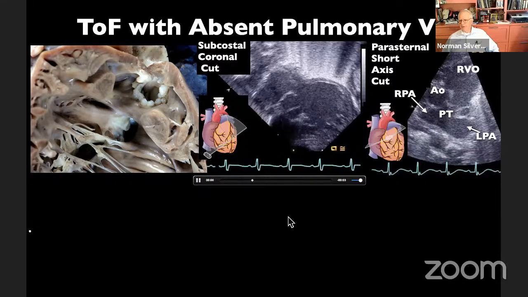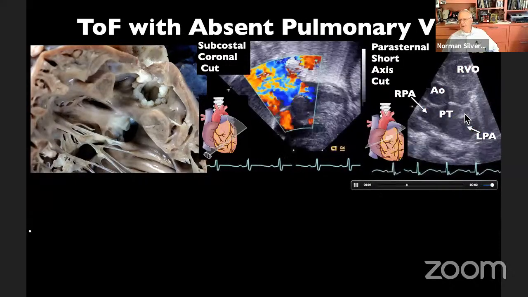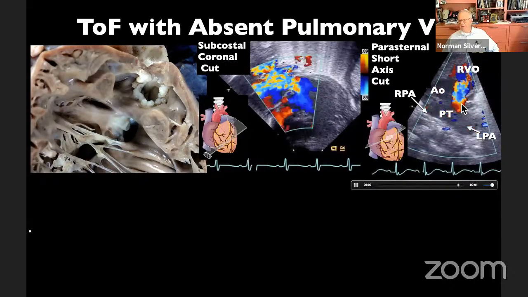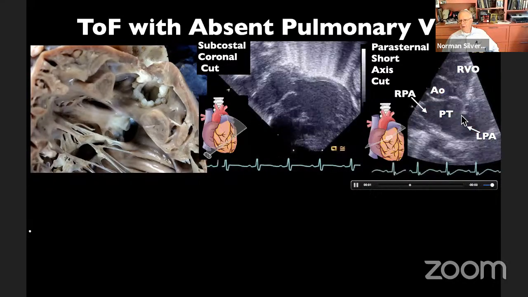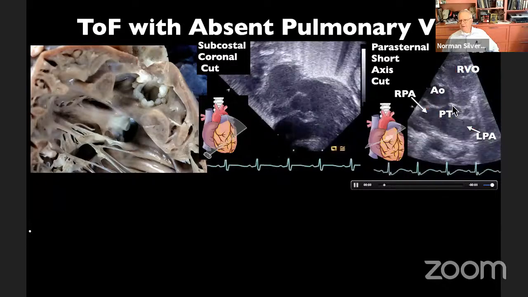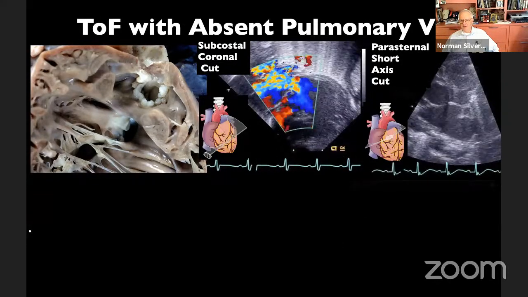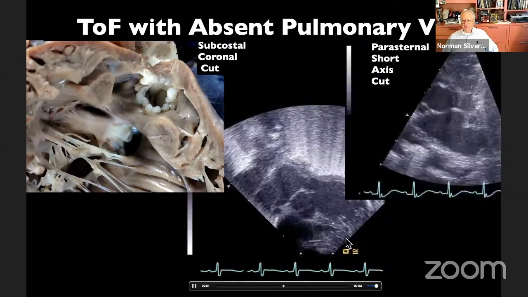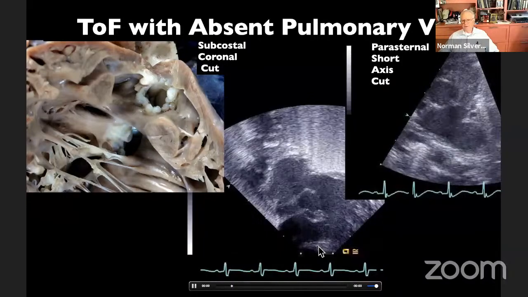And now let's look at the parasternal short axis, and you see there's the AV valve tissue ring over here, which is both stenotic and insufficient. And we'll just zoom in on that for a moment and let you look at that, filling all of your screens on your phone.